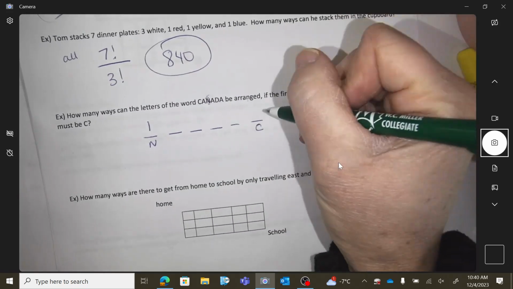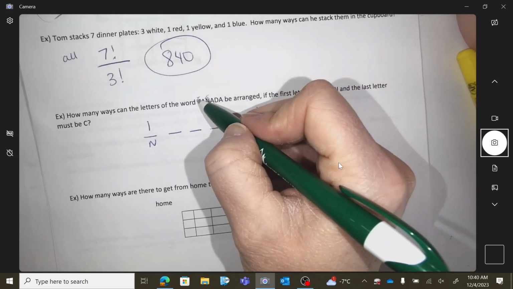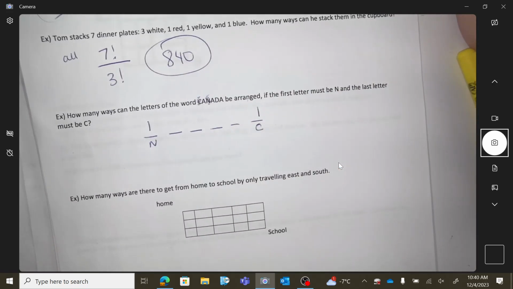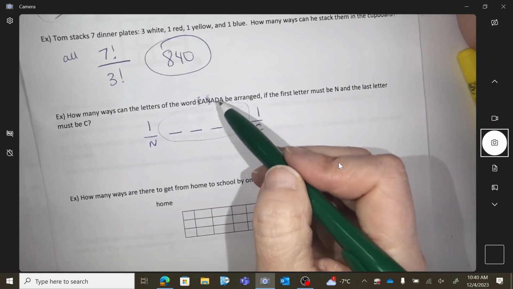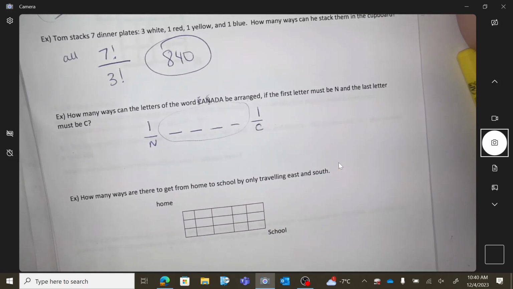I would have one option for putting a C. Then in this section, I'm going to put any of the other letters. So what am I left with?